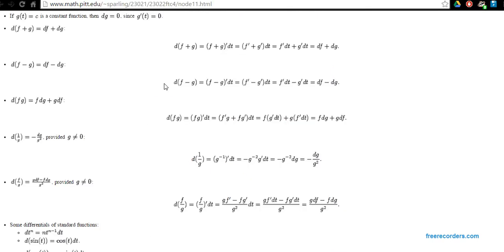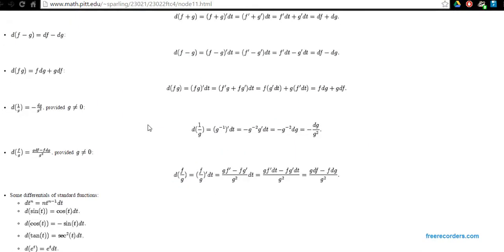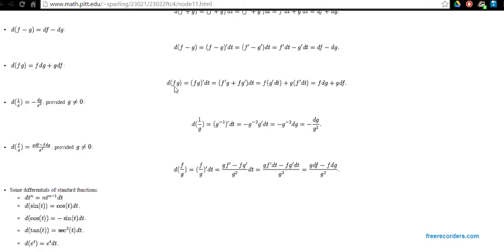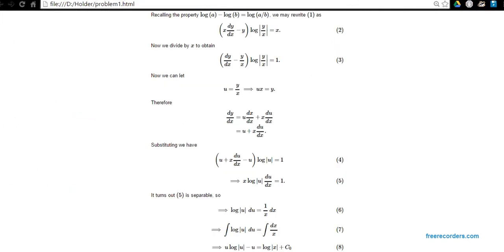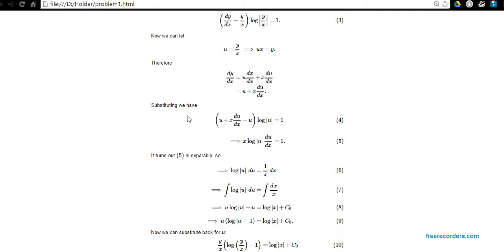Or we could just refer to the properties of differentials, which give us a product rule. There it is. So we have d(fg) equals f g prime plus f prime g, which just resorts to the product rule there. Then we just divide everything by dx, since that's our independent variable.